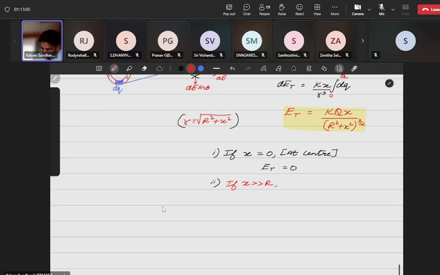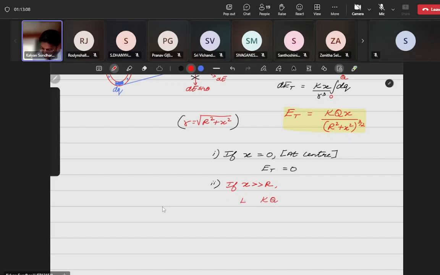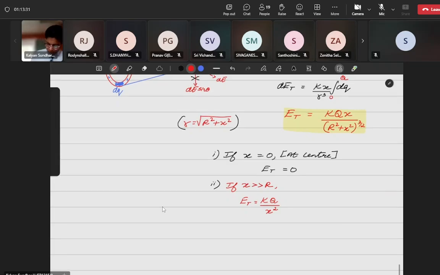So you will be only having kq; the total electric field will be equal to kq by x square. மேல ஒரு x இருக்கும், கீழே x cube இருக்கும். அதுவும் கேன்சல் ஆகி உனக்கு மொத்தமா x ஸ்கொயர்னு வரும். இந்த kq by x ஸ்கொயர்னா என்ன? அவ்வளவுதான், எலக்ட்ரிக் ஃபீல்ட் due to a point charge. அப்ப ரொம்ப தூரத்துல இருக்கும்போது உனக்கு இவ்வளவு பெரிய ரிங் வந்து will be acting as a point charge. So the ring will act as a point charge with this given condition.